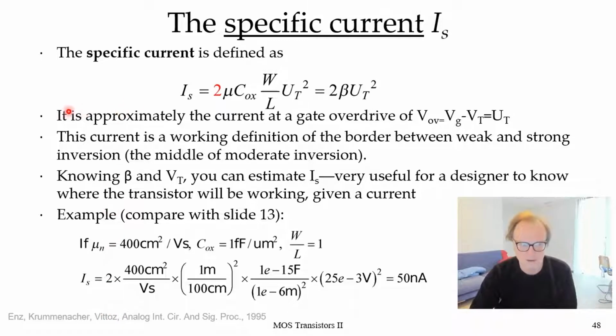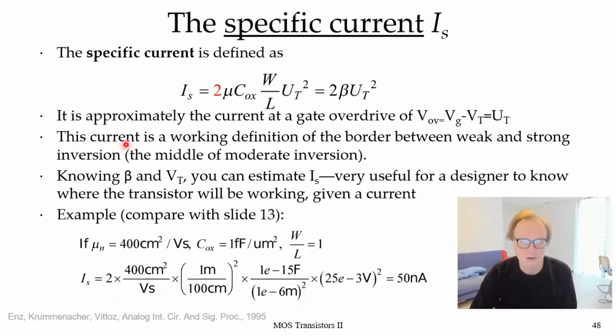But anyhow, this IS is approximately the current at a gate overdrive of the thermal voltage. Basically, you're operating the transistor above threshold, but just barely above threshold, by the thermal voltage. So it connects subthreshold and above threshold through this above threshold equation, but at a subthreshold overdrive.